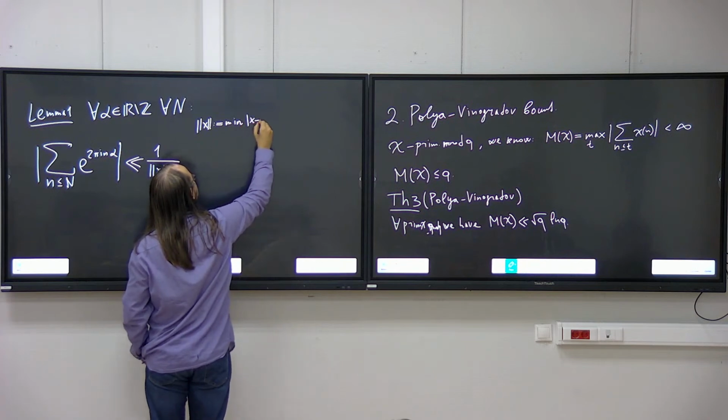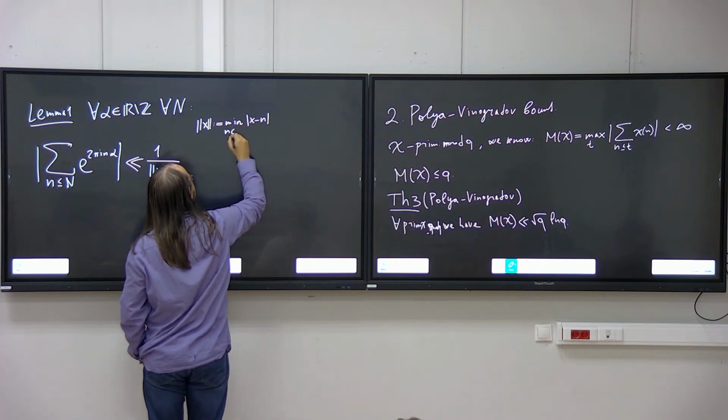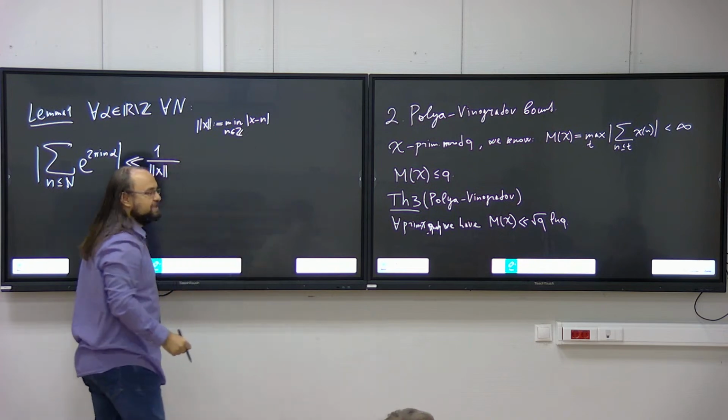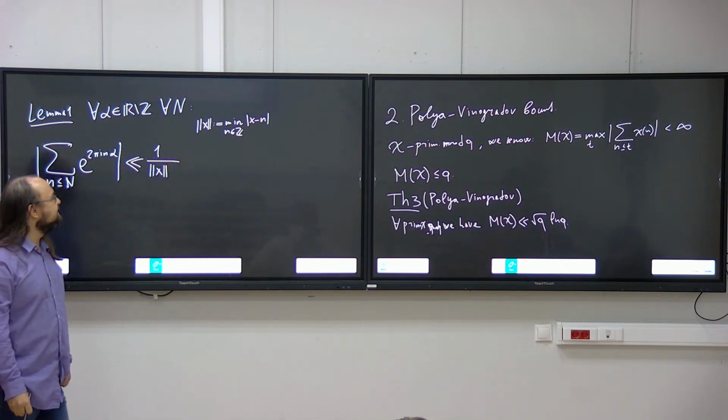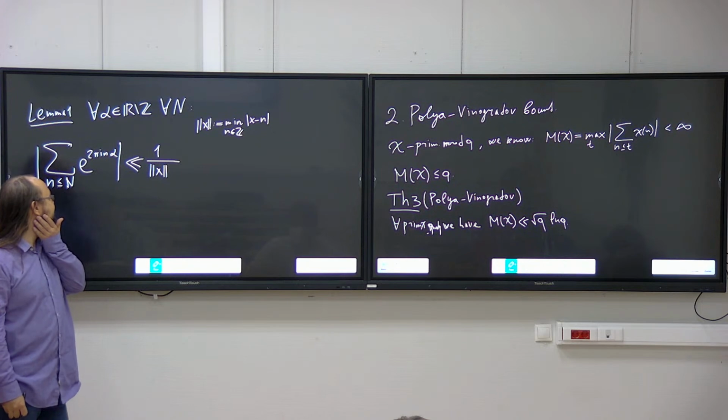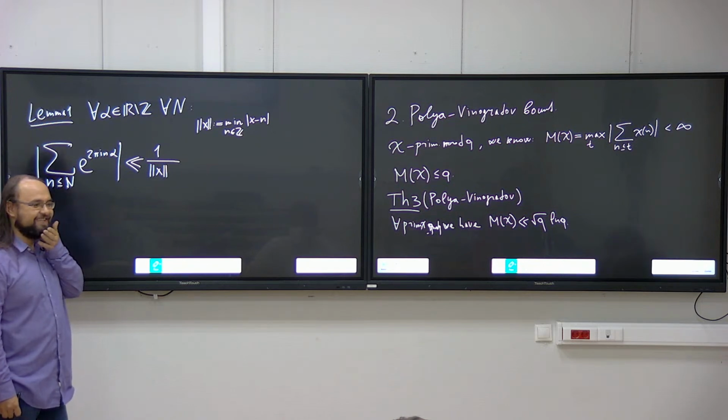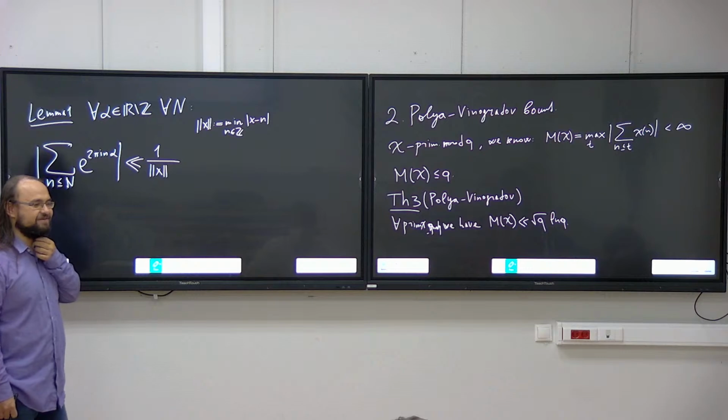Minimum of |x minus n|, where n is an integer. So this is the distance from your x to the set of all integers, which is closed. So this is a non-zero quantity here, right? Actually, it is the minimum of the fractional part and 1 minus the fractional part.